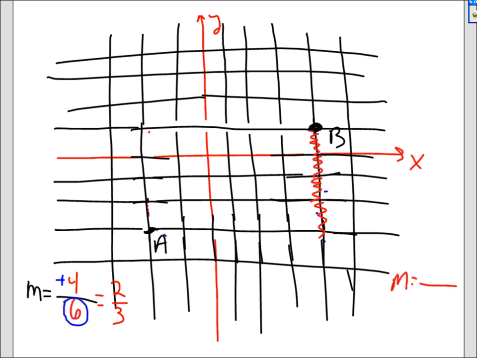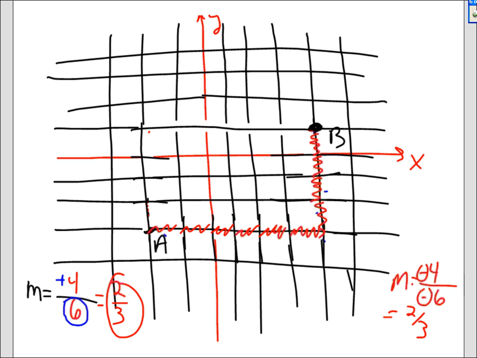That's a change in y. Since you went down, it's negative, and then go to the left. 1, 2, 3, 4, 5, 6. And since it's to the left, it's negative. And a negative over negative is positive, which I don't have to write down. And 4 over 6 is 2/3. Exactly what we got going from A to B.